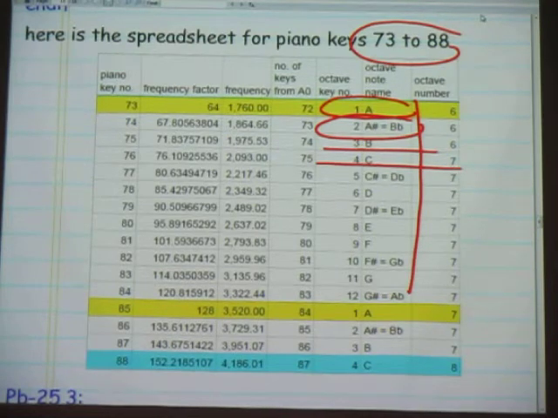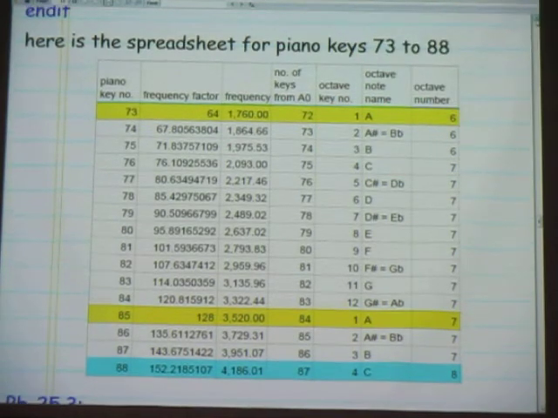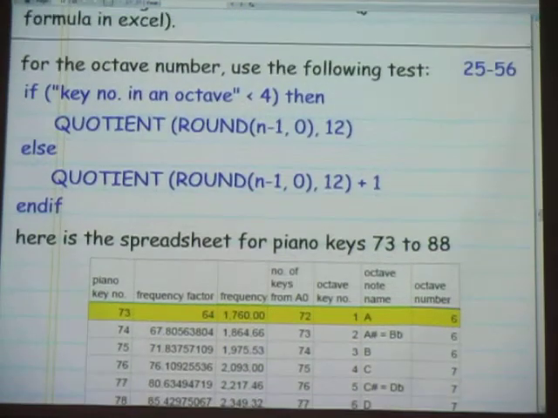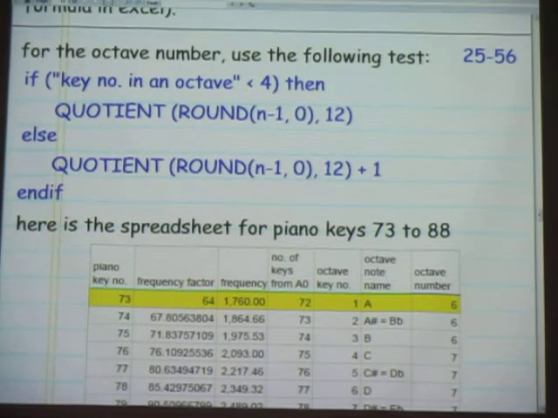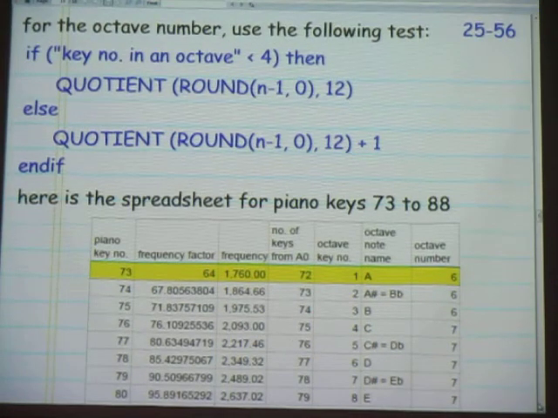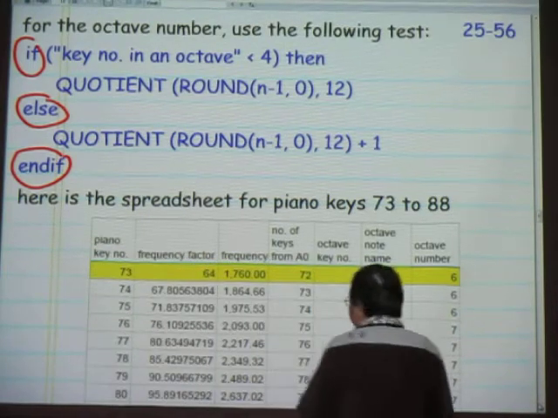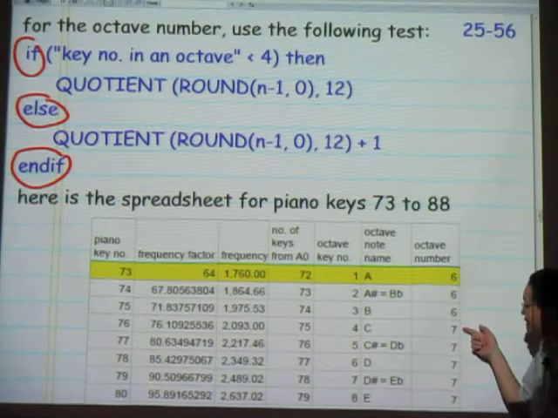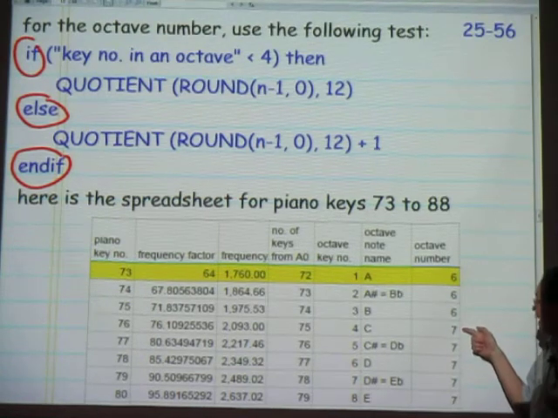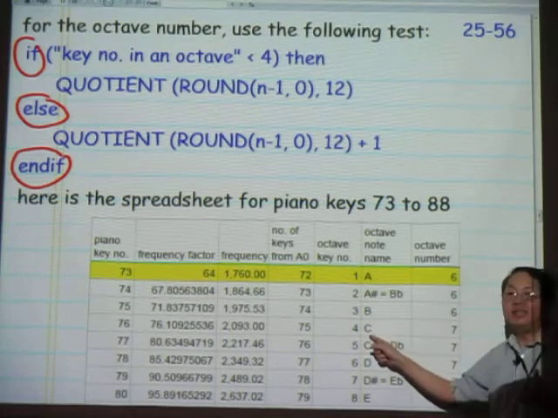All right. Now the octave number, I give it to you, and that's right here. It looks a little more complex than the other formula, because this formula itself contains an if then else structure. The reason is what I explained to you. There may be a historical reason why the octave always starts with a C note.